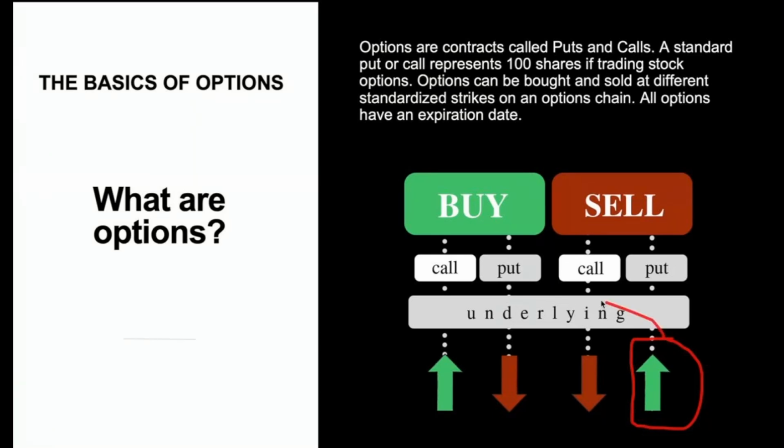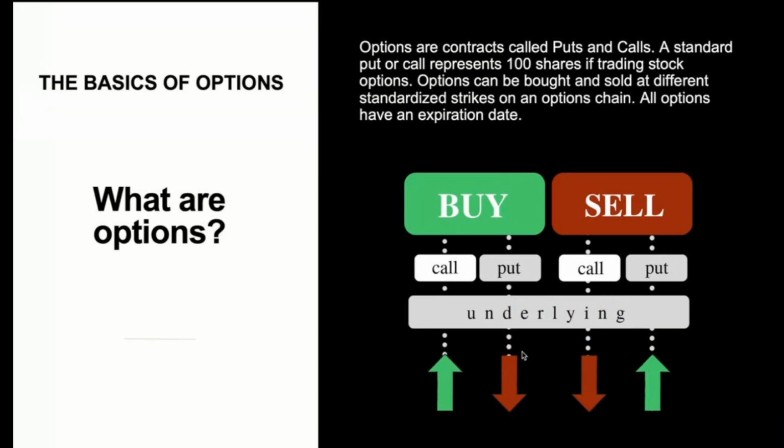If you are the buyer of the put, then you have a right to sell the shares. You have a right to sell. So you either have a right to sell as a put buyer or the obligation to buy as the put seller. Okay. So as you can see here, you can be bearish or bullish using only a put, but it all depends.